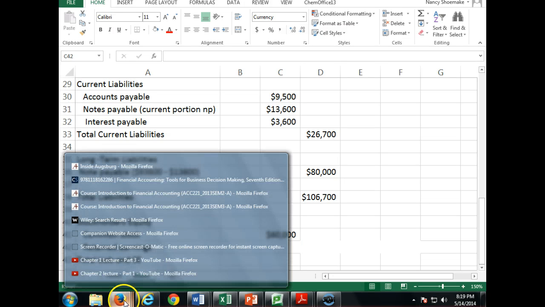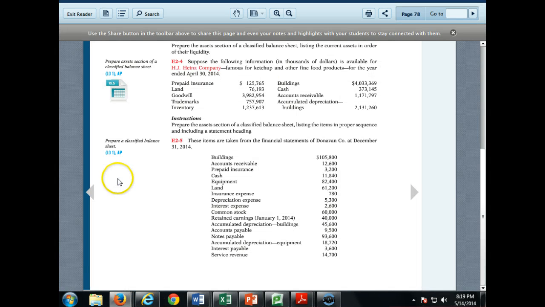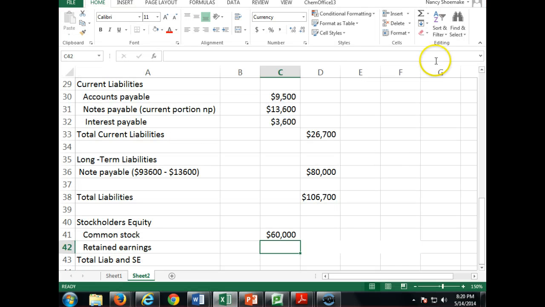So let's go back to here. We've got retained earnings. We started January with 40,000, didn't we? Now we've got to figure out how much we made in income. So how much did we make? We made 14,700 in income here. I'm going to put that on the side here. 14,700 in income.